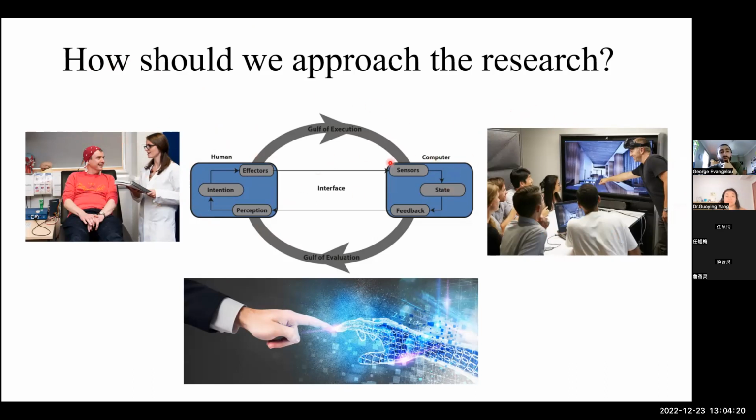It works quite well with the gulfs of execution and evaluation model in human-computer interaction. We need to understand both the human side and the computer side and collaborate together. This also has implications for the VR products as well as the user themselves. So we definitely want to take that interdisciplinary approach.